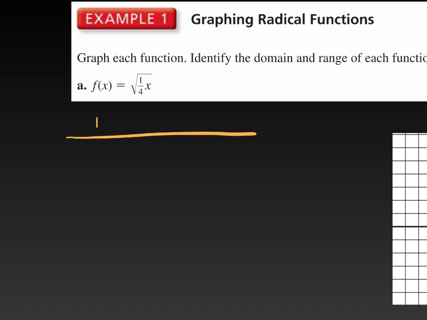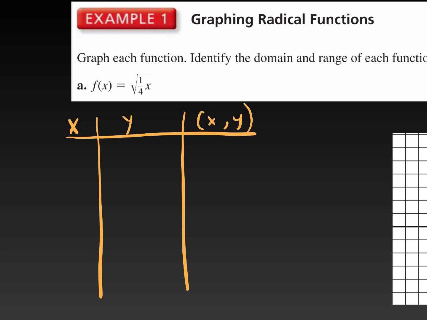So I'm going to make a chart here. I'm going to plug in values for x, get values for y, and then I'll have my point x, y. So I'm graphing the square root of 1/4 times x. What do you think a good number to plug into x would be here? 0.